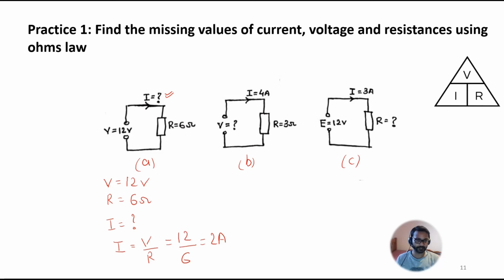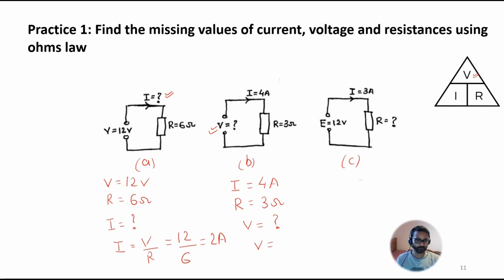Similarly, in the second circuit, or circuit B, you are given the value of current, which is 4 amperes, and the value of resistance, which is 3 ohms. And the missing value you have to find out is your voltage. So again, we can use Ohm's law, and using this triangle, we have to find out the value of voltage.